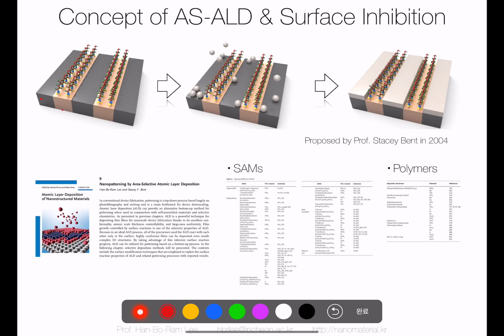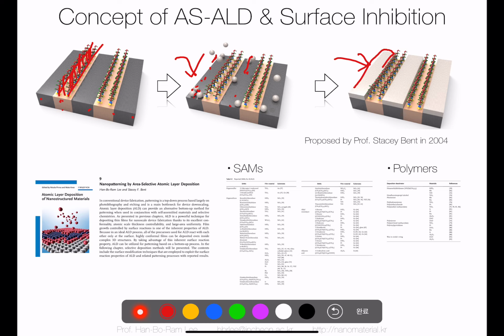We have two different materials, and if one surface is blocked with some other molecule, so its surface property is changed, and then we just do the ALD, the ALD nucleation takes place only in the other area, and finally we obtain selective growth.